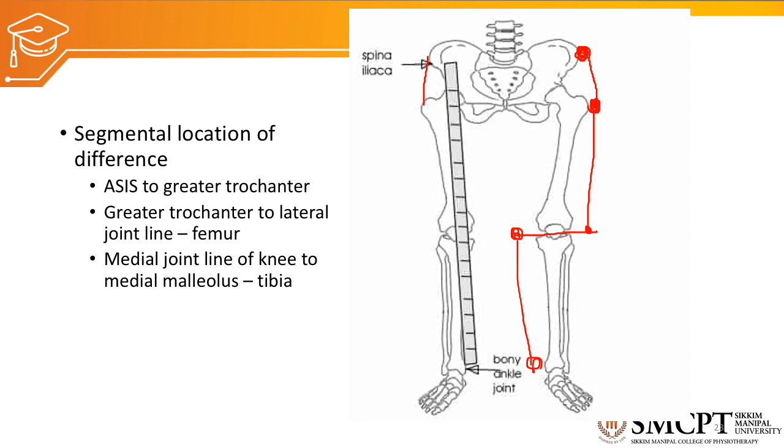From ASIS to GT, we can predict a length problem at the neck of the femur or in the pelvis bone. In the second segmental measurement, we see the length of the femur and compare it with the opposite side. In the third, we compare the length of the tibia with the opposite side.